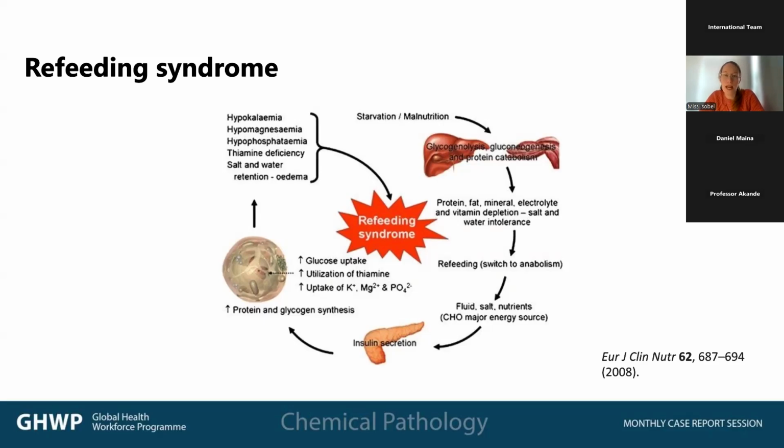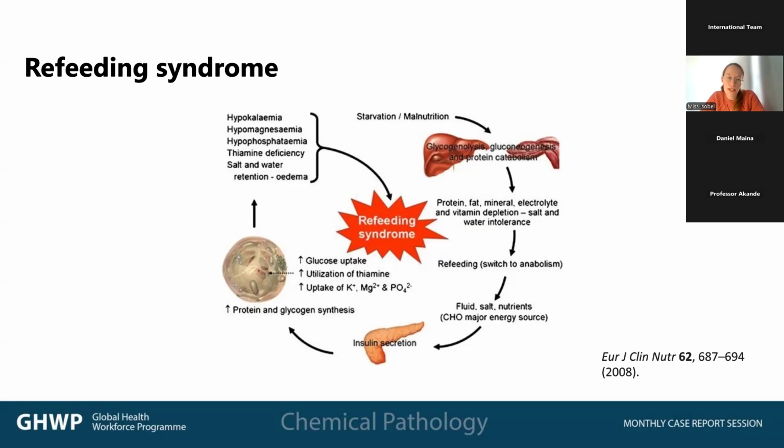And the result of that is when you start feeding the patient again, giving them the total parenteral nutrition in this case, but it can also be oral, you have a sudden switch to anabolism, where you start building up those protein and fat reserves that you previously lost. And you start using fluids, salts, nutrients and carbohydrates as a major energy source.